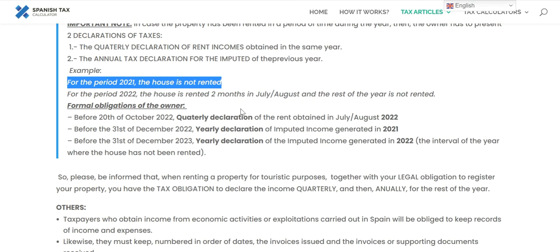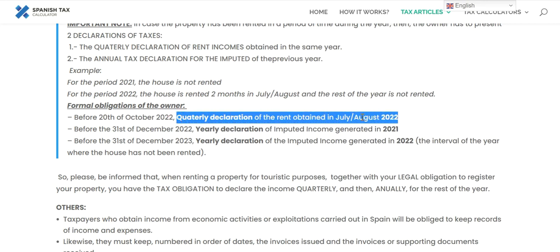And in case the property is rented, a part of the year will be considered in the declaration of taxes for the rent.